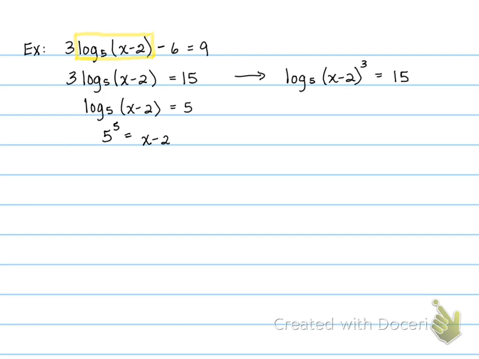I do not know off the top of my head what 5 to the 5th power is, nor do I want to figure it out in my head. It is a really big number. It's quite large. 3125. I mean, that's not that big. 3,125. Could be worse. Equals x minus 2. And then to solve for x, we just add 2 to both sides. So 3,127.